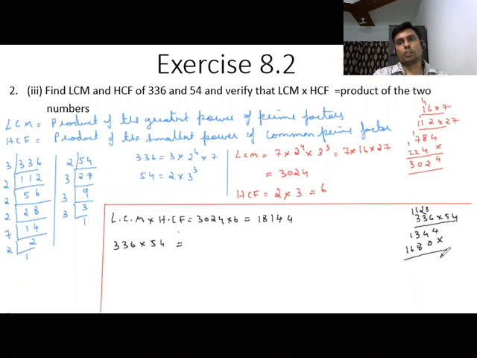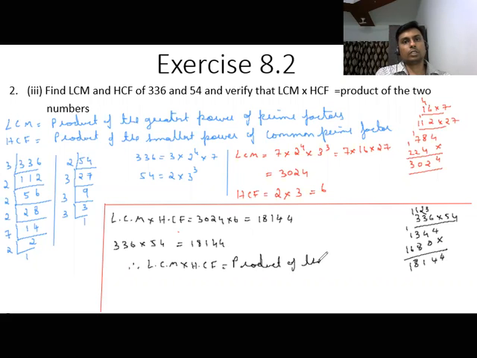So this is 4, this is 4. Adding them gives 18144. Exactly the same. Therefore, LCM into HCF is equal to the product of the two numbers.